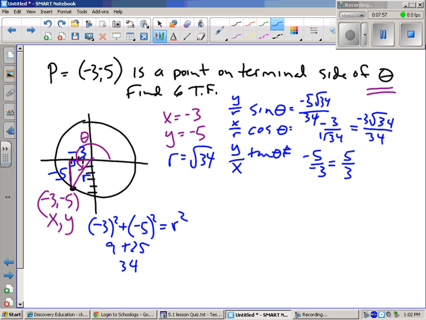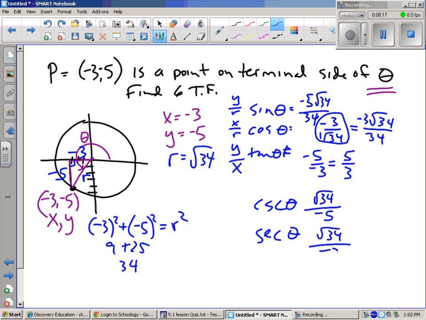Okay, so now we have to flip them all over. So cosecant flipped over. Now originally it was -5 over root 34, so I'm going to use that, root 34 over -5. Secant, I still have that one listed here, so I'm going to put that as root 34 over -3.